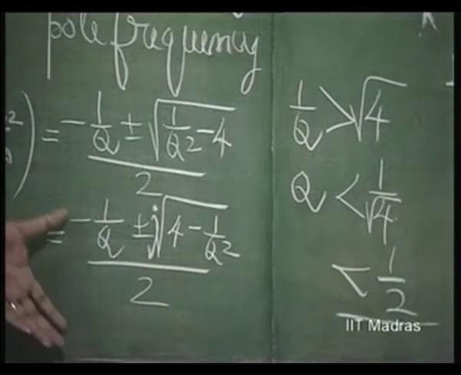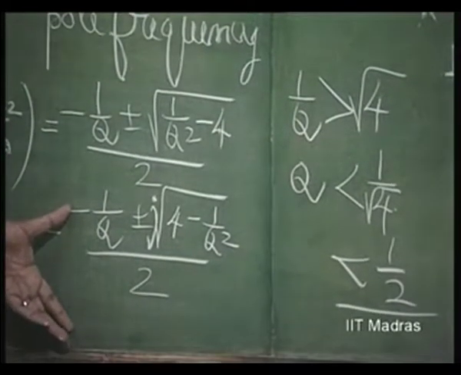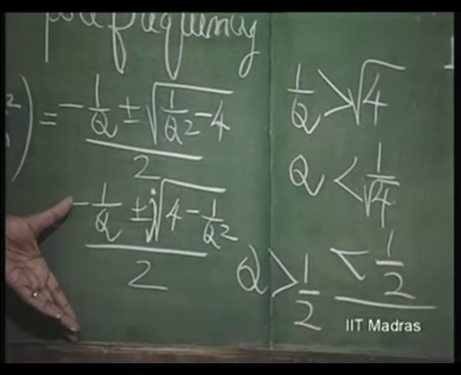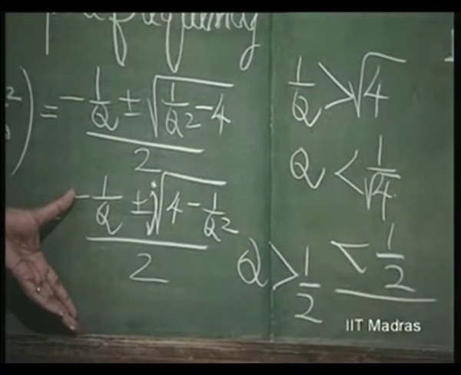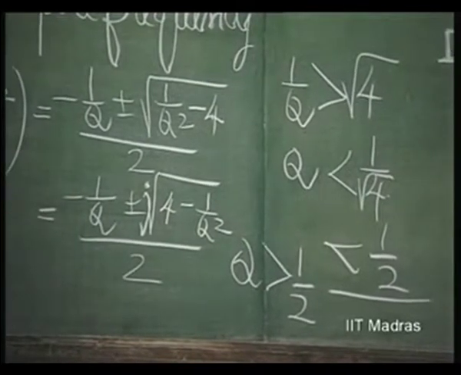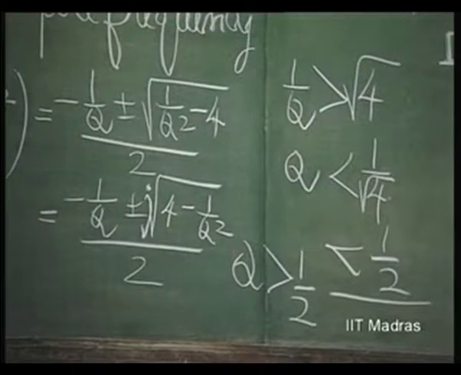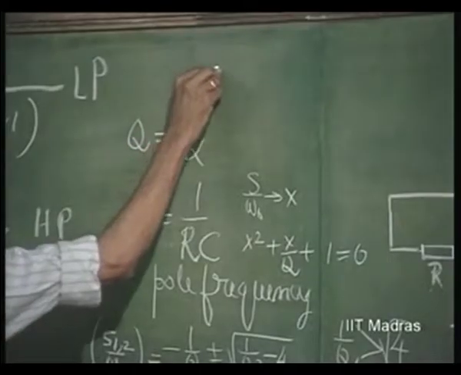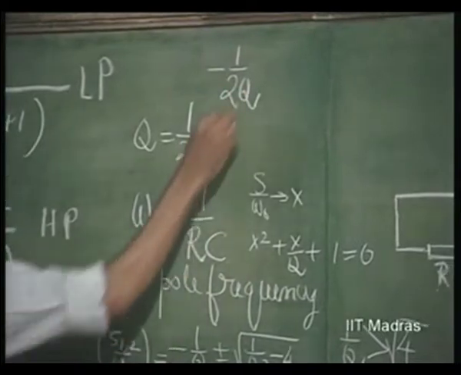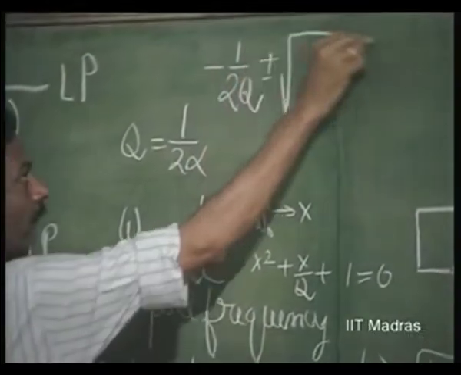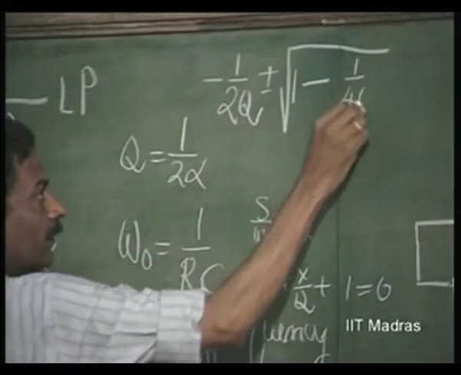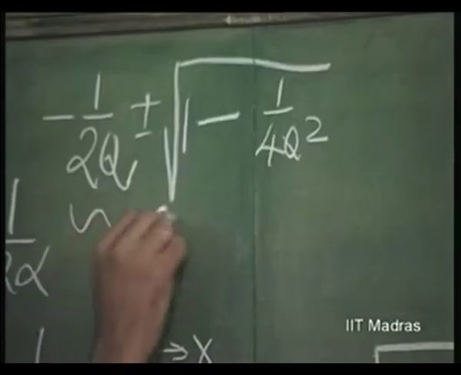It becomes a complex conjugate pair, okay. So, the poles will be 1 over 2q plus or minus root of 1 minus 1 over 4q square with j.